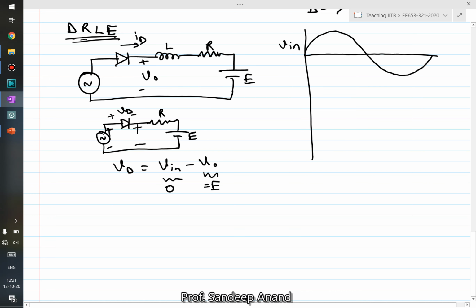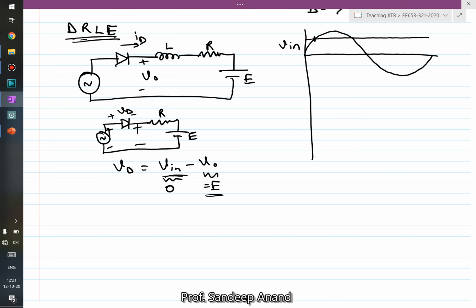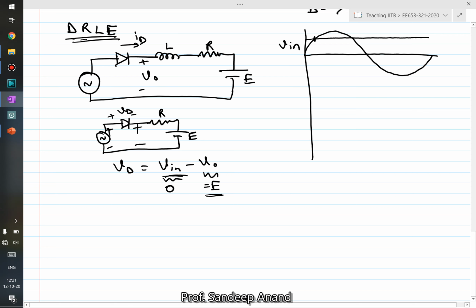So the diode will not get forward biased unless the input voltage reaches E. When Vin reaches E, after that Vin will become more than E, and only then will the diode get forward biased, from this point. Until then there is going to be no current, and after that current may start rising.